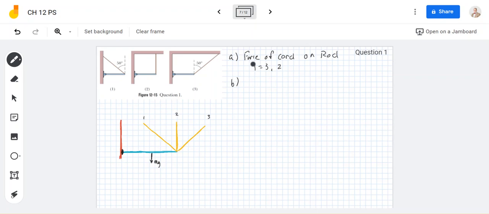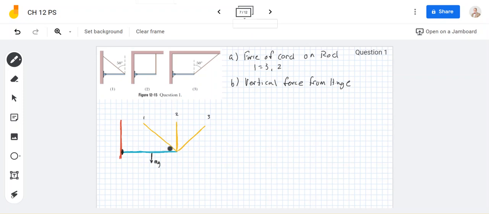B asks for the vertical force from the hinge. So what I think is interesting about this one is that if you look at 2, since 2 is only pulling straight up, the hinge actually doesn't have to supply any horizontal force at all. So that to me is really interesting.